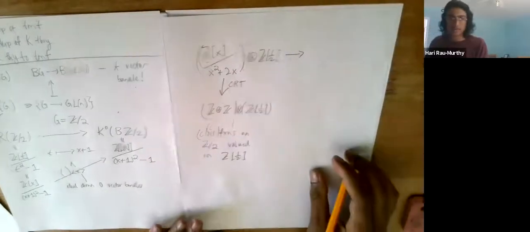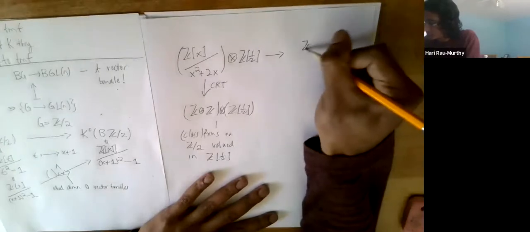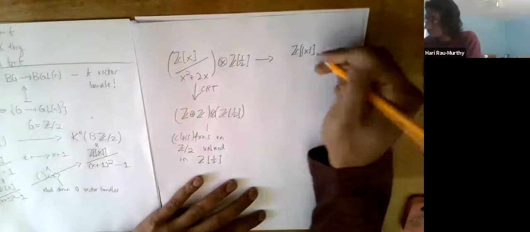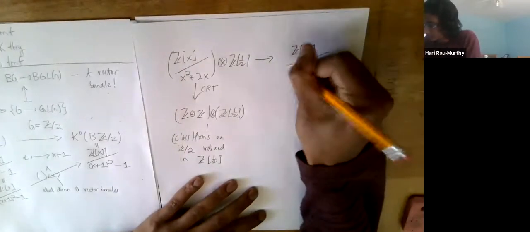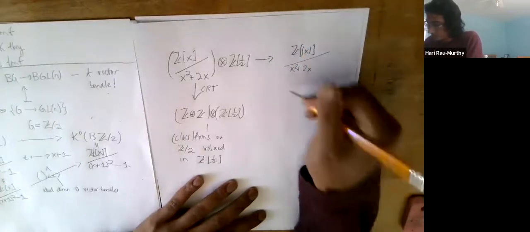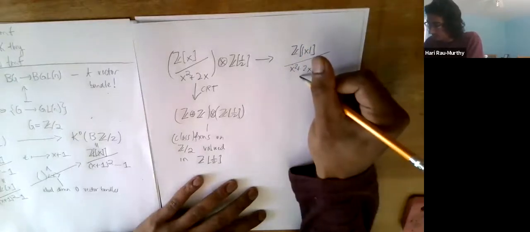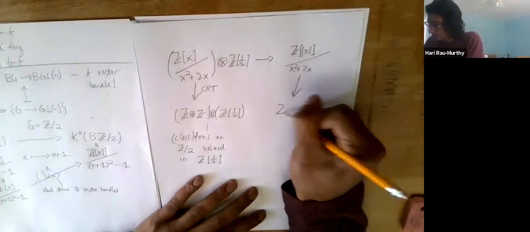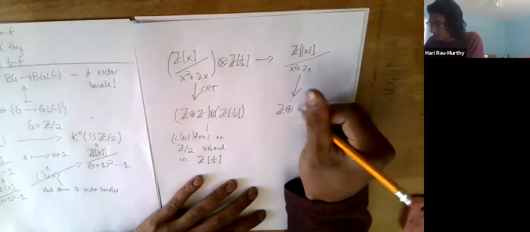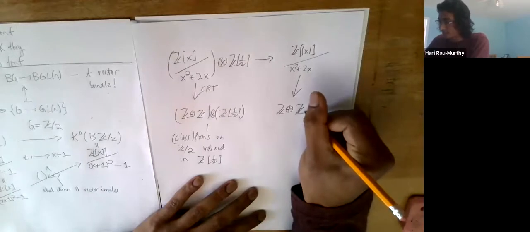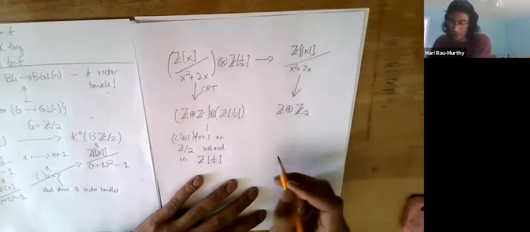Now I want to do the same thing for K theory. K theory was Z double-bracket x mod x squared plus 2x. This also has a map to Z plus, it's not going to be a Z over here, it's going to be a Z mod 2. Sorry, the 2-adics. Where did the 2-adics come from?